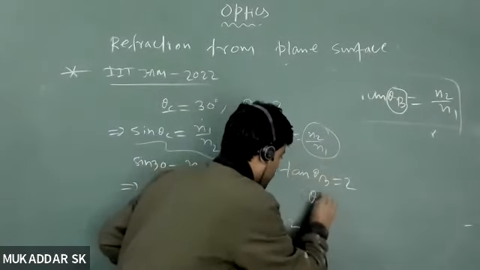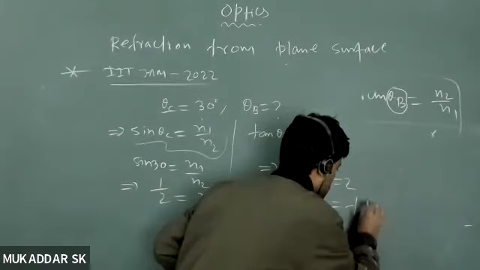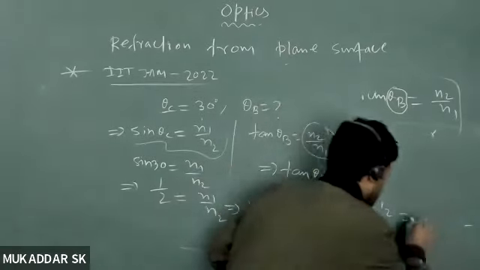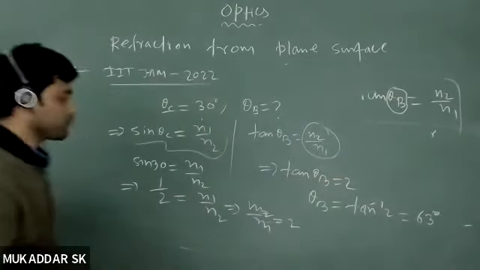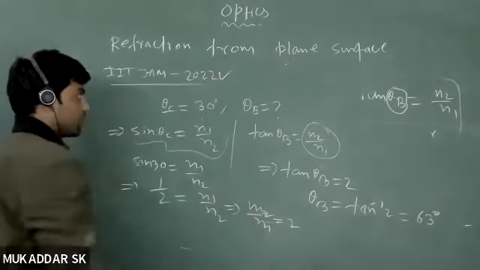It means theta b, the Brewster angle, equals tan inverse 2, and if you calculate, you will get approximately 63 degree. So you can imagine how simple the question was, and it was asked recently in 2022.